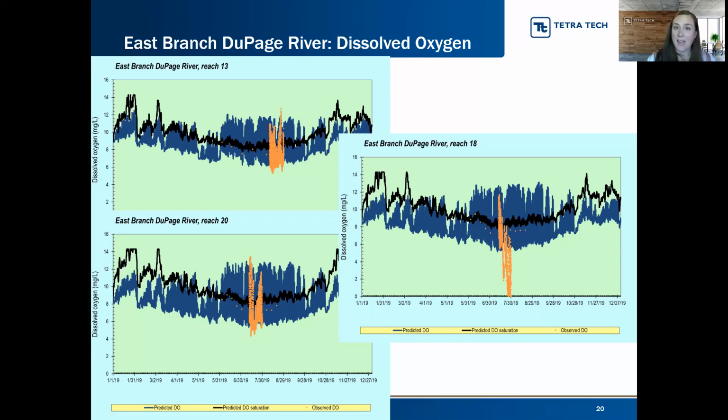So inputs in, outputs out. We don't know what caused this blip. And if we did, it would have been a model input to help predict that.